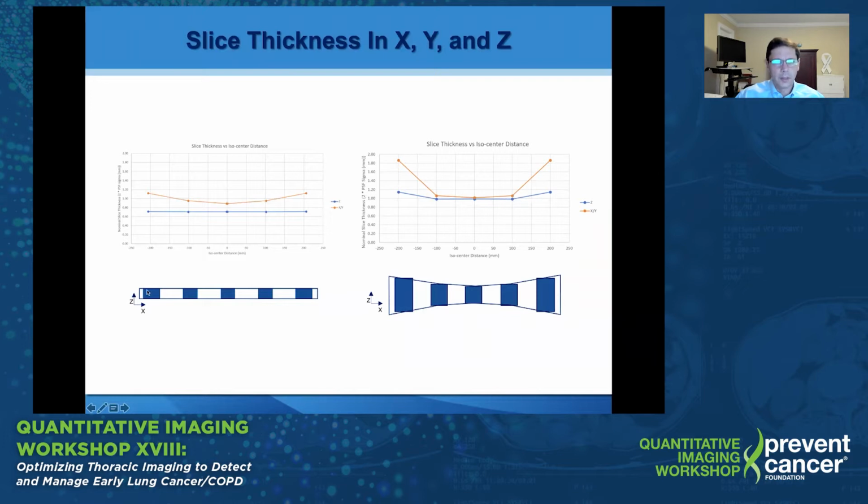This looks like a slice from a loaf of bread. But on another scanner, if you ask for similar performance, you might get this kind of basically bowed out shape, and it's not a normal looking slice at all. So your results can vary quite a bit depending on what scanner and what protocol you're actually using.